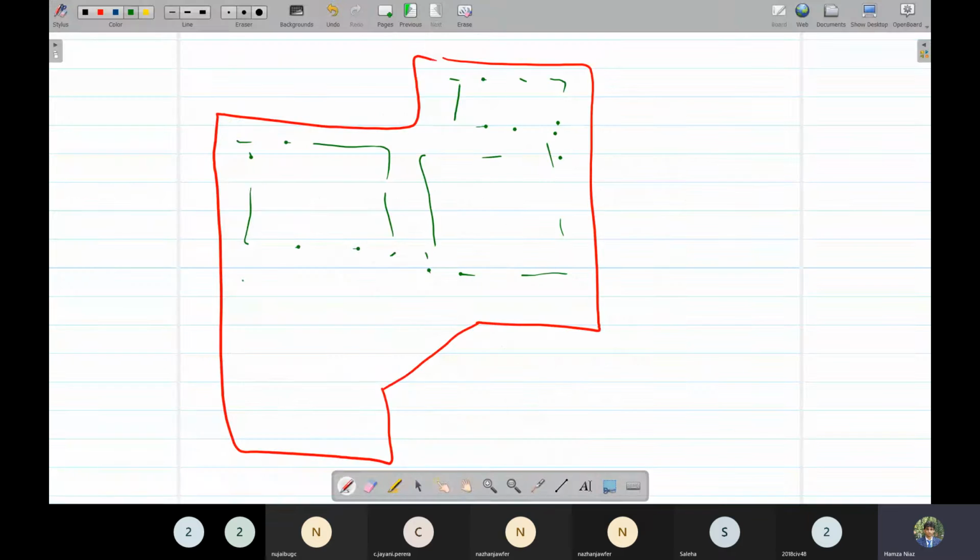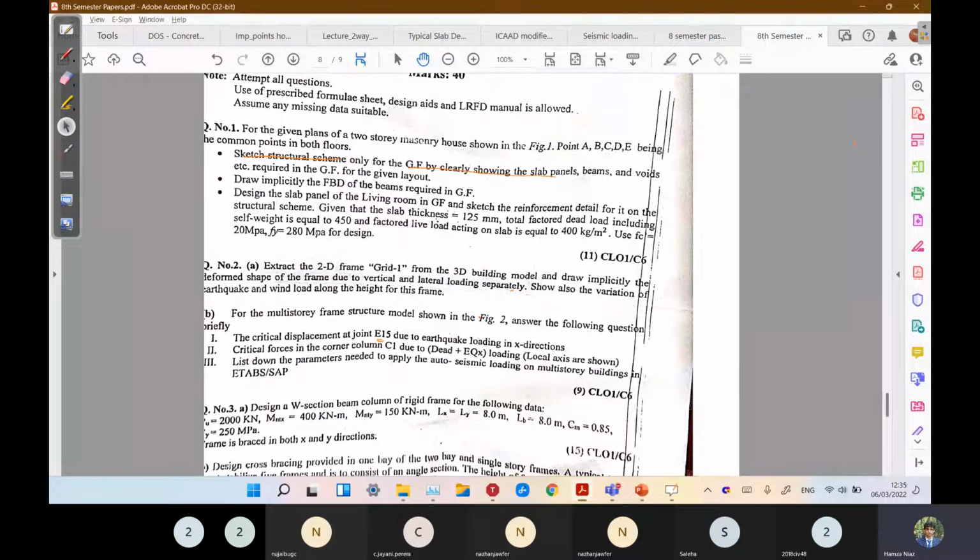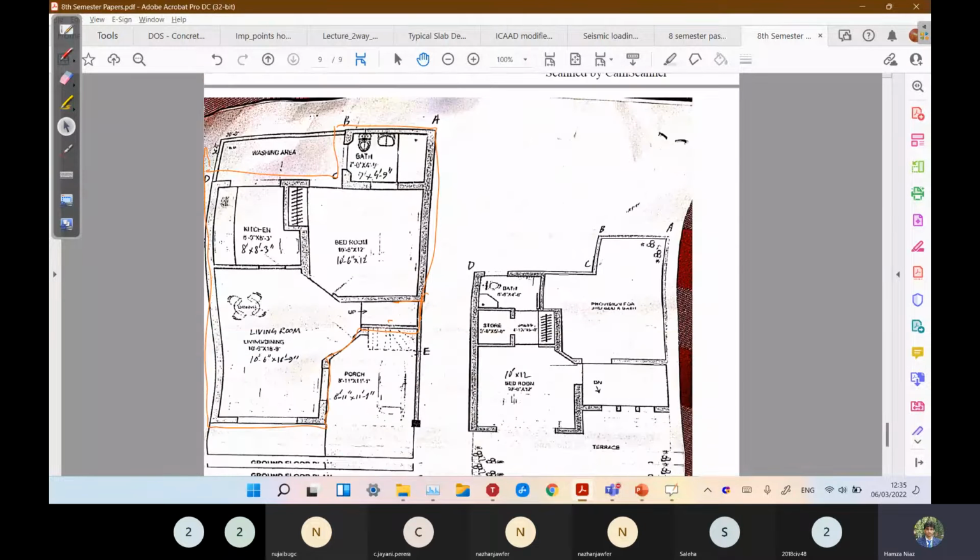This whole slab is for the living room and this one is for the stairs. So now we have shown the slabs and walls in the structural scheme. The third thing is we have to show the beams. We have shown the slab panels; now we have to show where the beams would be required.